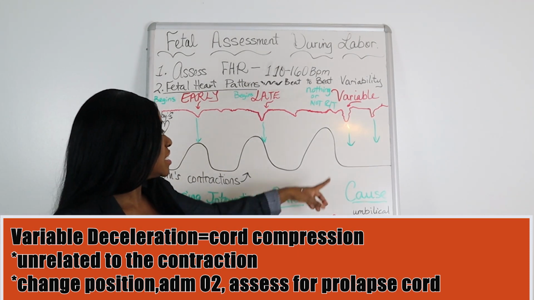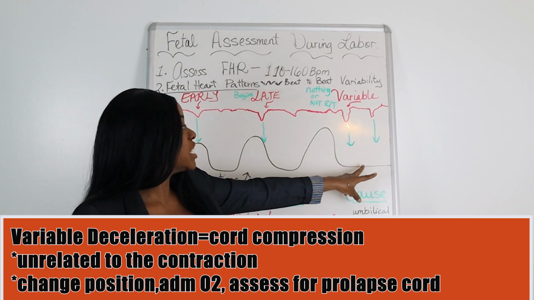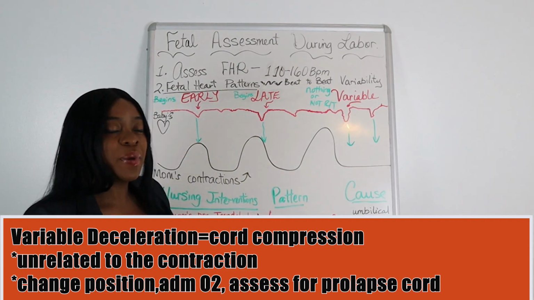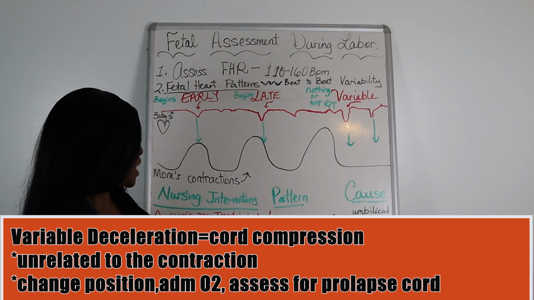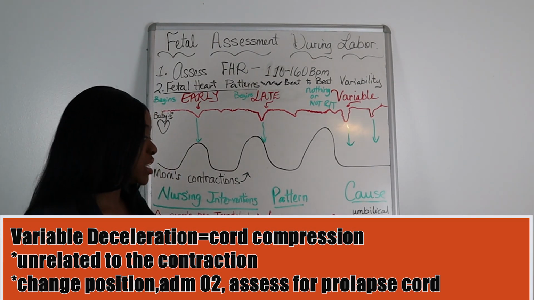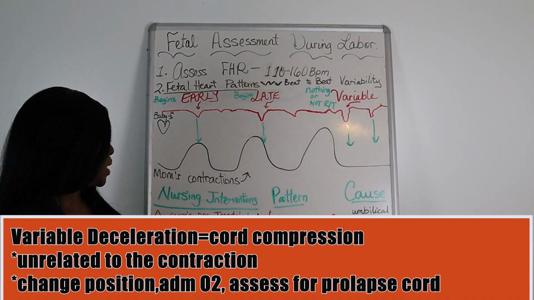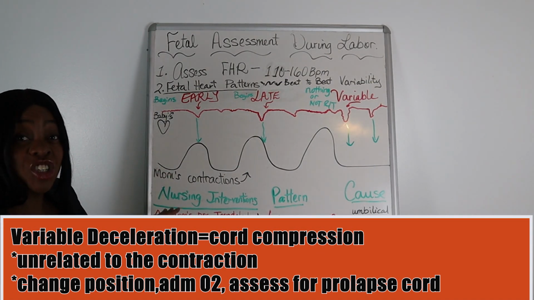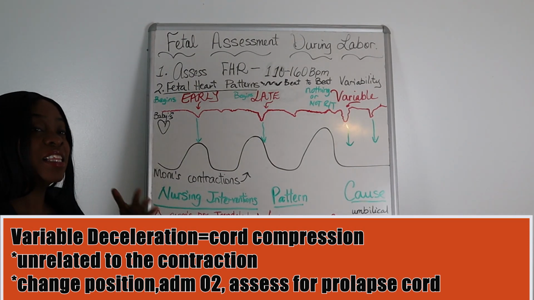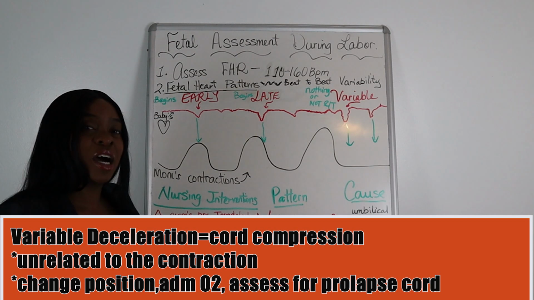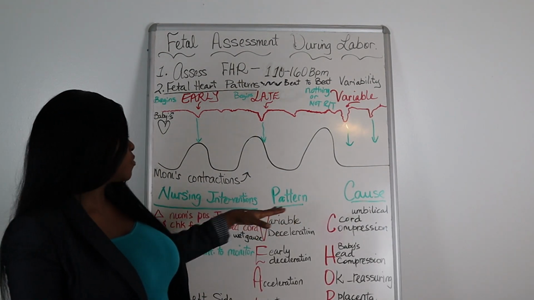A variable deceleration is not usually related to contraction, and it's usually caused by the umbilical cord being compressed by some presenting part or something else in mom's body. Usually something is pressing or compressing the umbilical cord. So what we have to do is change mom's position to Trendelenburg. If we lower mom's head, the belief is that the baby's body by gravity will bounce backwards, and that will take some pressure off of the cord.